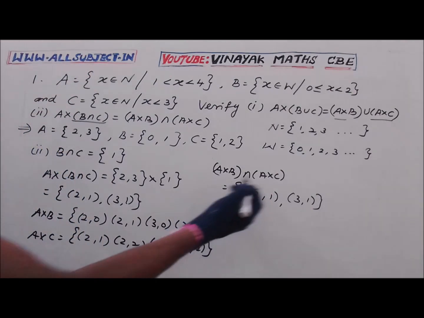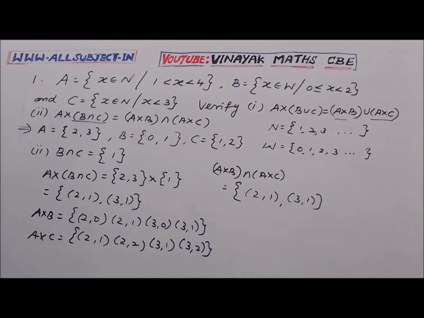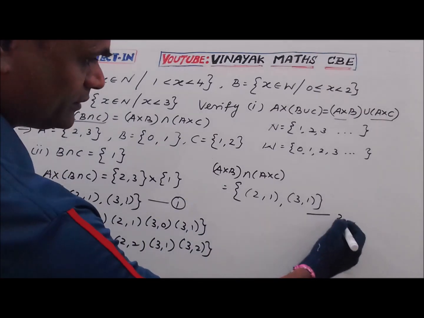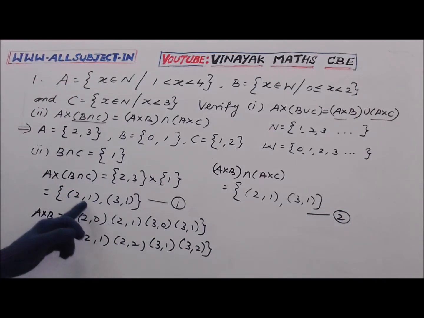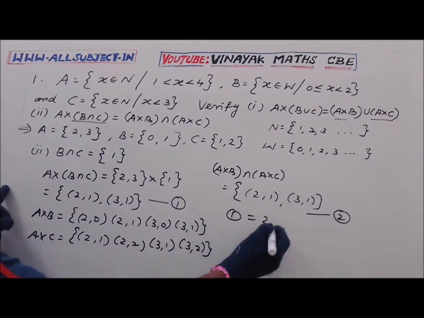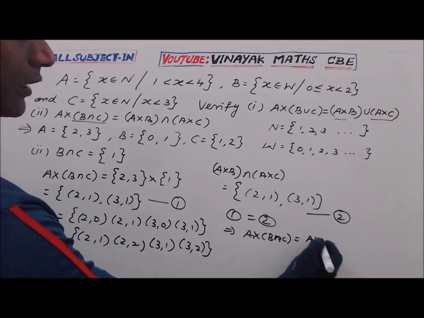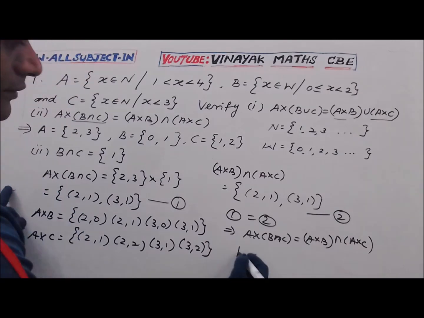So A cross B intersection A cross C is nothing but the set of ordered pairs (2,1) and (3,1). Here look at A cross B intersection C, let it be 1, and this is taken as 2. Comparing these two results, both sets have equal values. So 1 equals 2, which implies A cross B intersection C equals A cross B intersection A cross C. Hence verified.